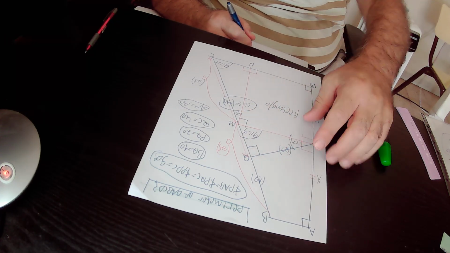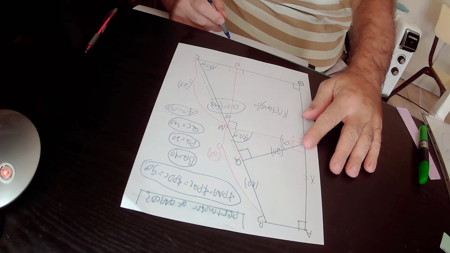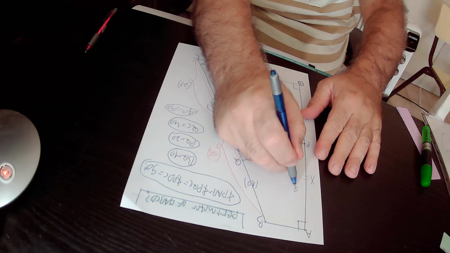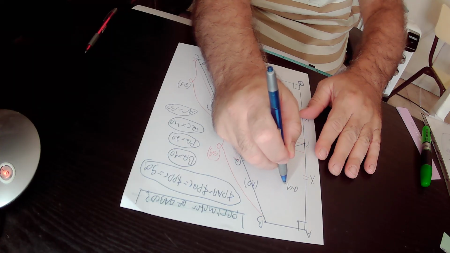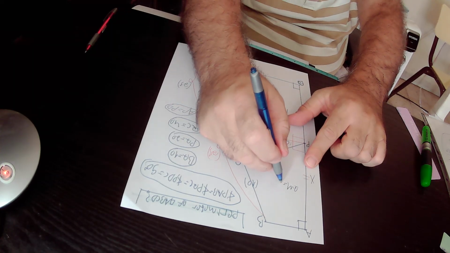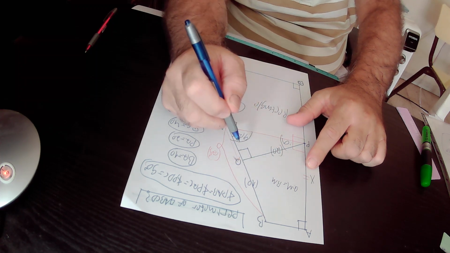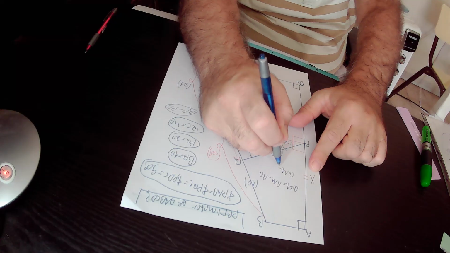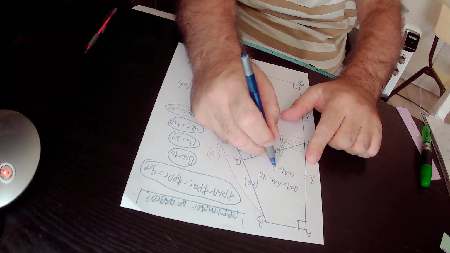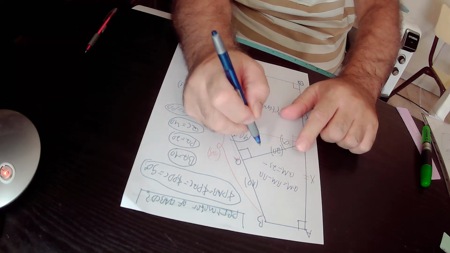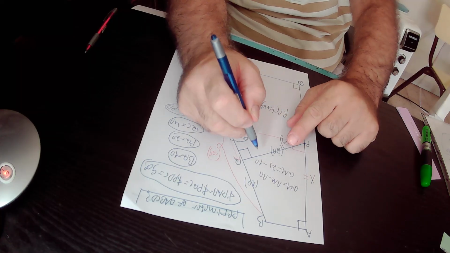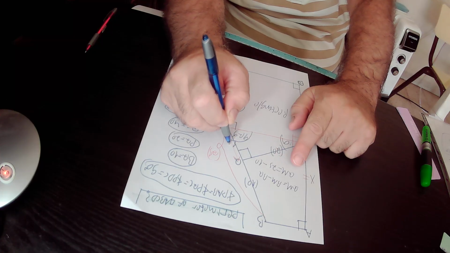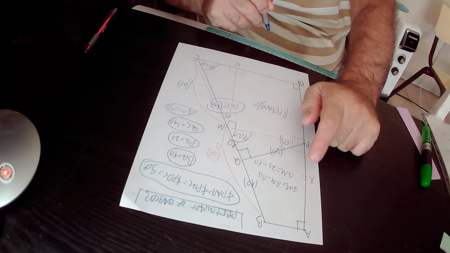So QM equals BM minus BQ. So QM in total equals BM, that is 25, minus BQ, that is 10. So QM in total equals 25 minus 10, that is 15. So QM equals 15 units in length.